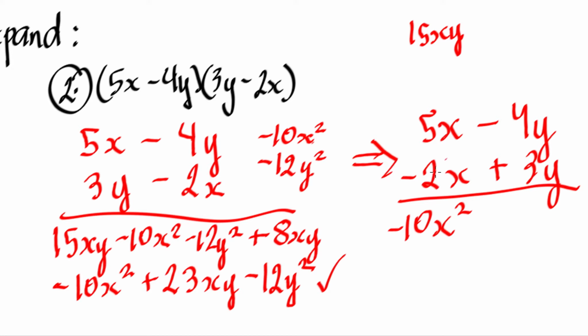They're both negative, so it becomes positive: 4 times 2 is 8, so 8xy, which gives us positive 23xy.